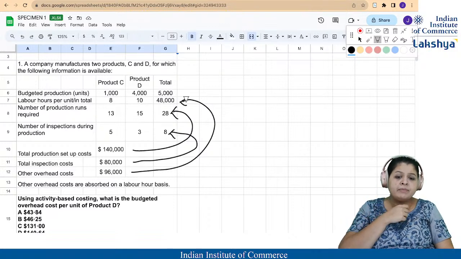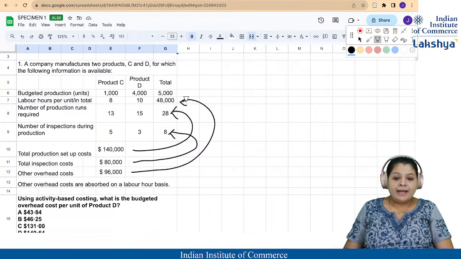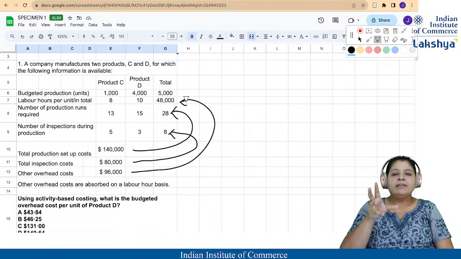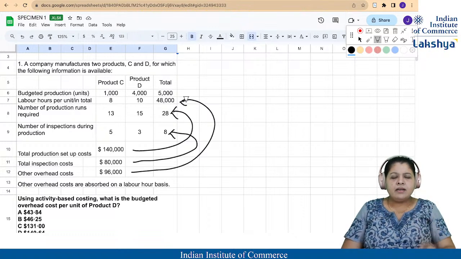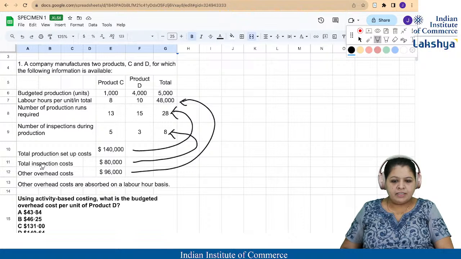Now, sometimes in the pressure of examination, students don't end up finding out which activity pool or cost pool goes to which driver, right? It's completely fine. There are certain words that you need to look forward to. For example, here, if you see the word inspection, the same word is in the pool also, inspection.